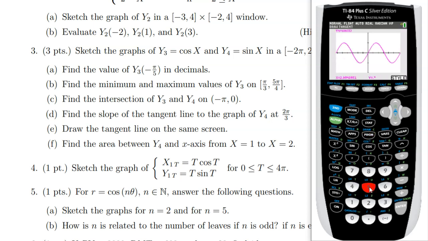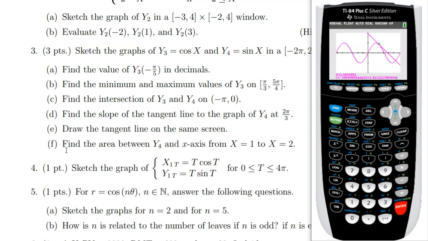Then we just have to specify where: it's going to be at 2 pi over 3. Then hit enter. You can see that it drew a tangent line there. So that's part E.